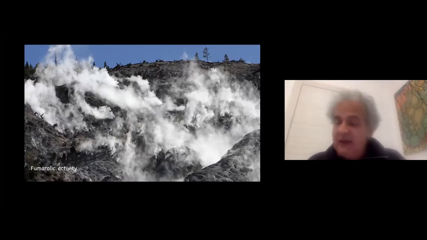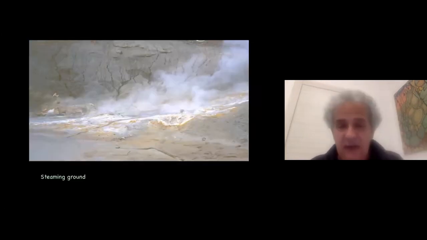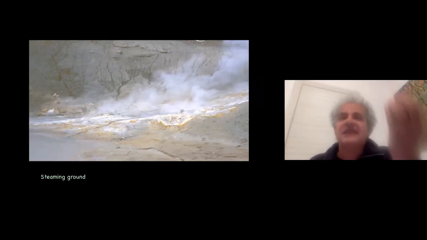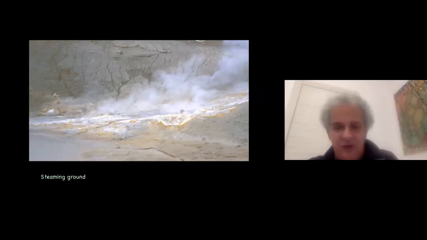In this respect, we have a large variety of emissions, as I said before. Fumaroles are the most typical and most spectacular manifestation that we have in a volcano, other than the eruption itself. We also have steaming ground. Fumaroles are just a sort of spot, related to fractures.